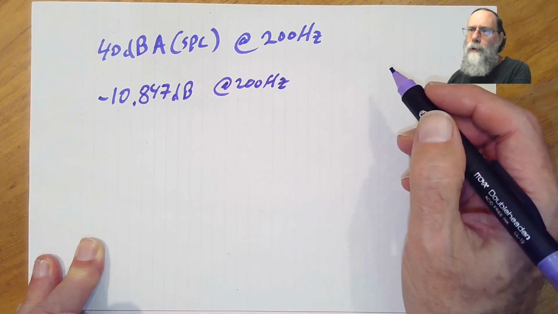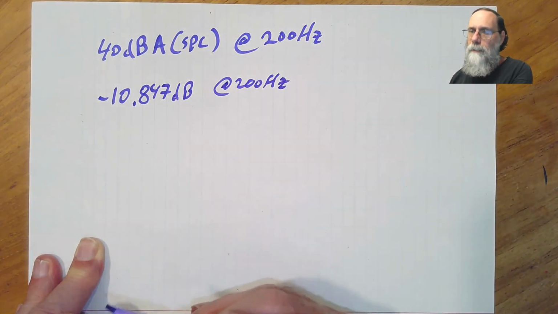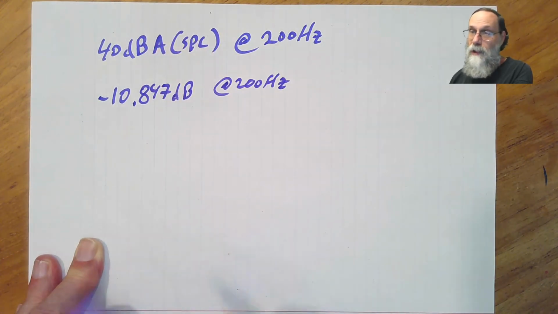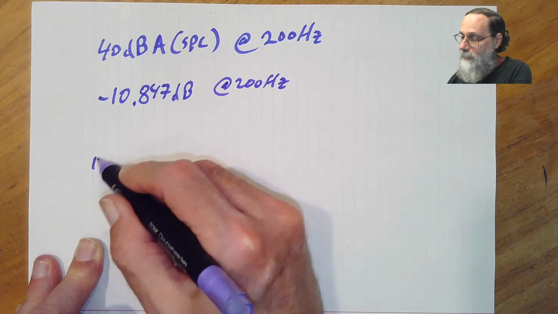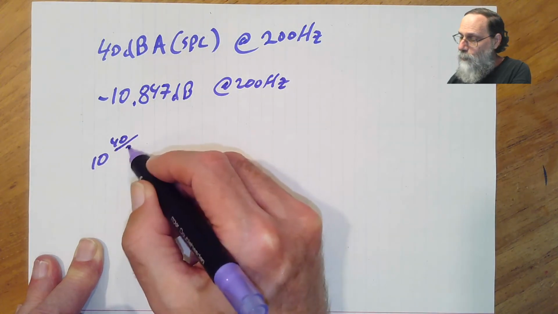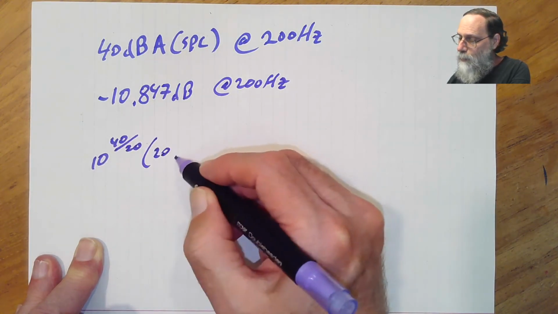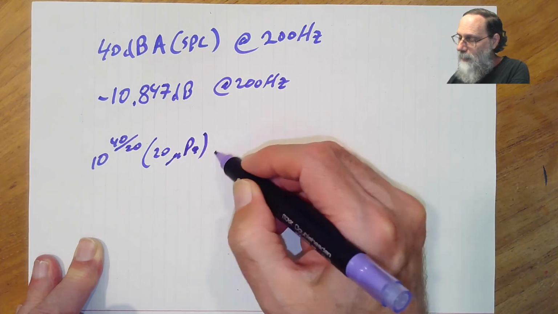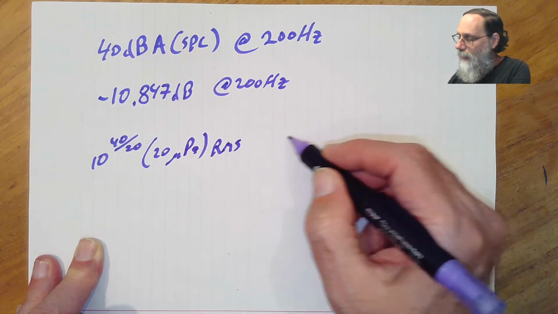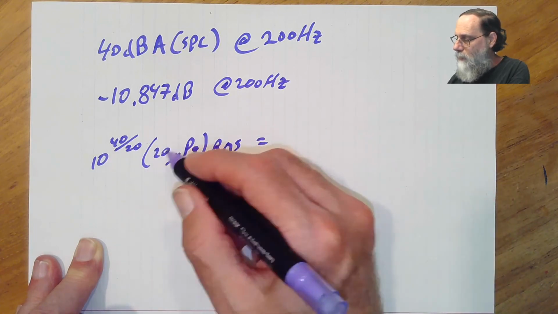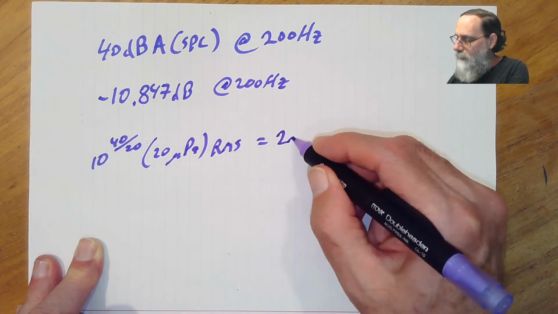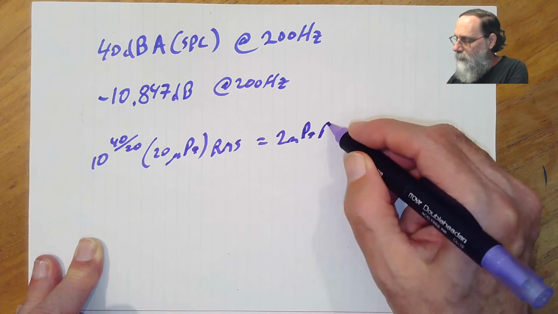So let's do two calculations. One is, what would be the pressure level if this hadn't been dBA, if this had just been straight decibels and they hadn't had the A correction? Then we would have had 10 to the 40 over 20 times 20 micropascals RMS, which is, well, that's just 100 there, so that's 2 millipascals RMS.